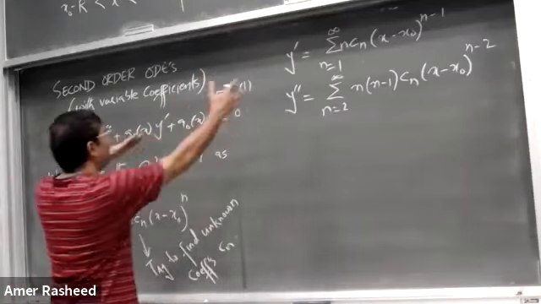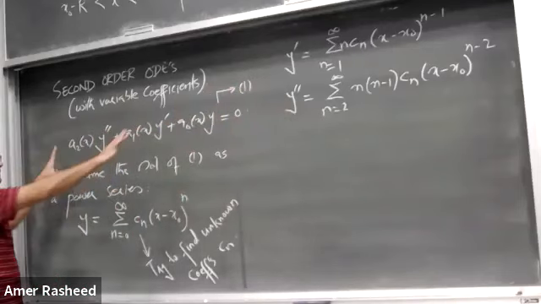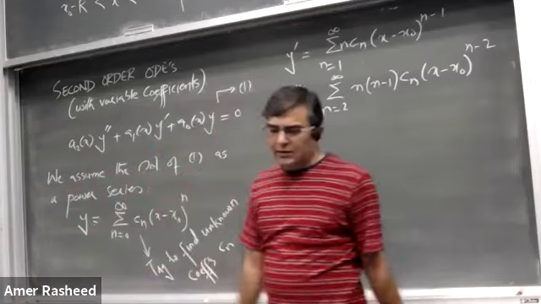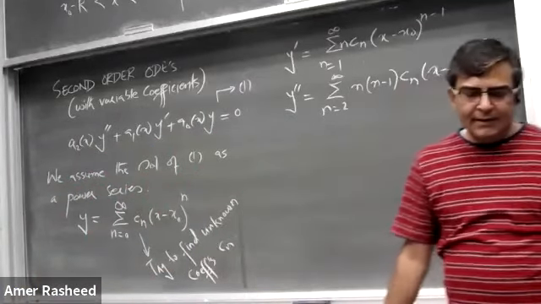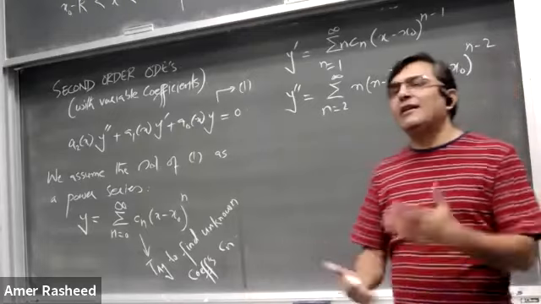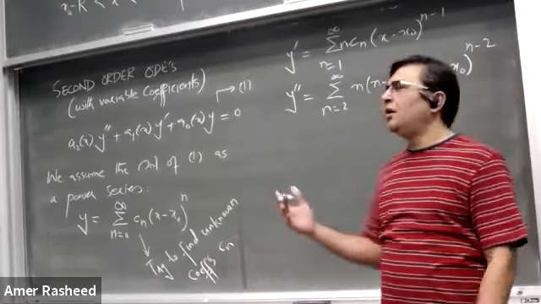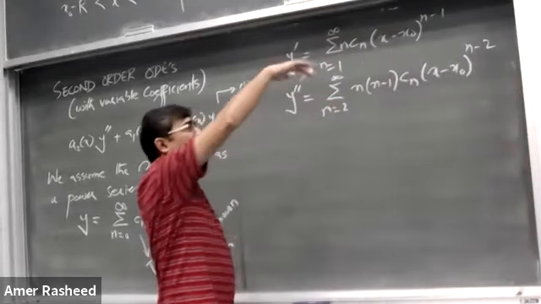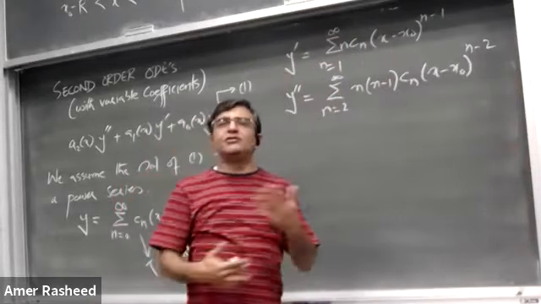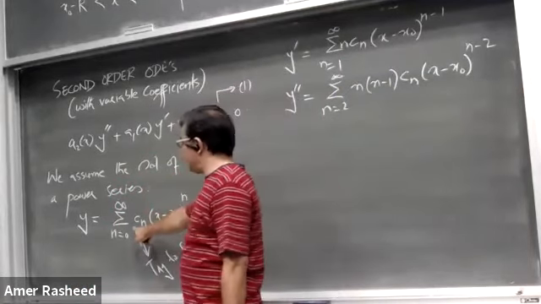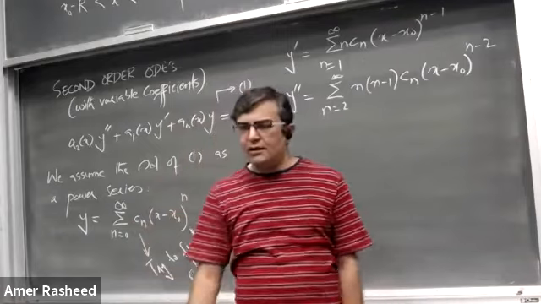After inserting these values here, I try to assemble similar kinds of terms, similar with respect to the powers of x, or I try to simplify the series and find these unknown constants c_n.